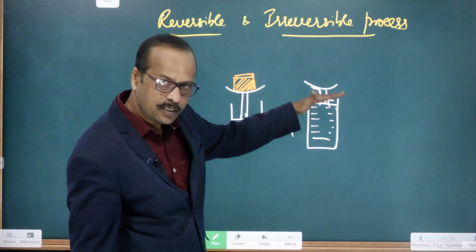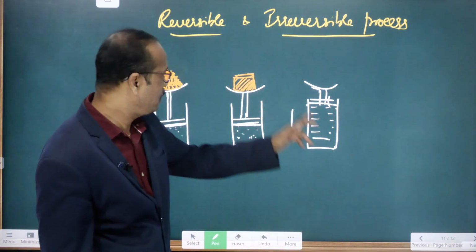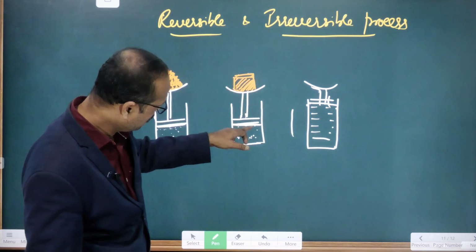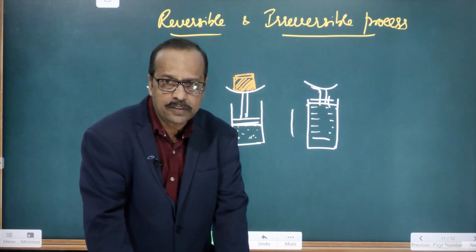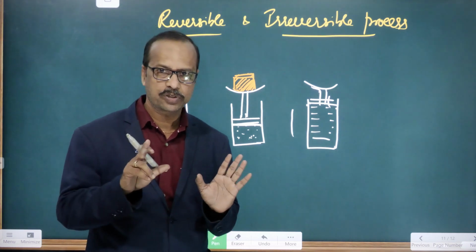Normally it will go down, yes or no? So instead of applying pressure by my hand, I kept some weight here, so it went down till here. If I remove the pressure, then again it comes back to original, right.